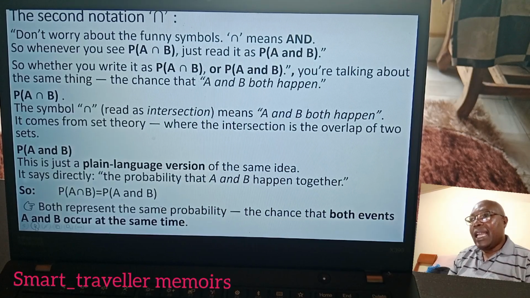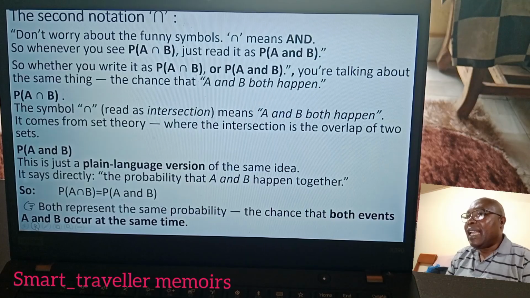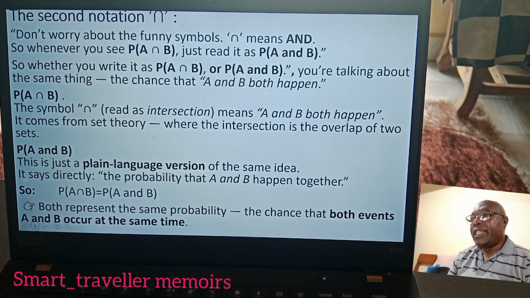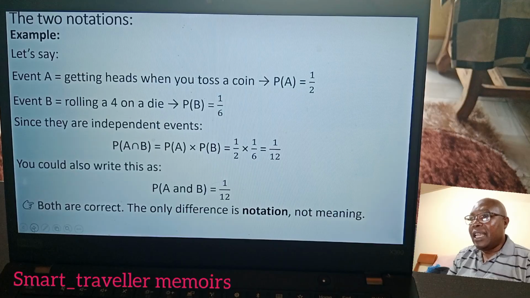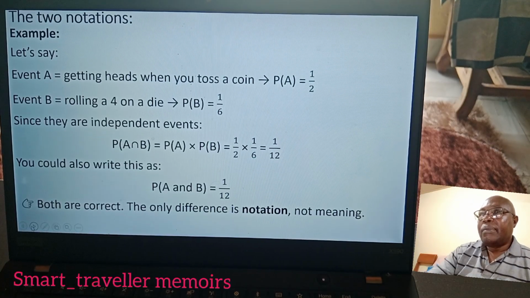So P(A and B) is just a plain language version of the same idea, P(A intersection B). It says directly the probability that A and B happen together. So P(A intersection B) is equal to P(A and B). Both represent the same probability, the chance that both events A and B occur at the same time.